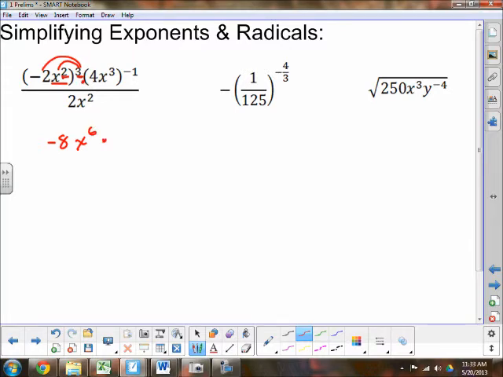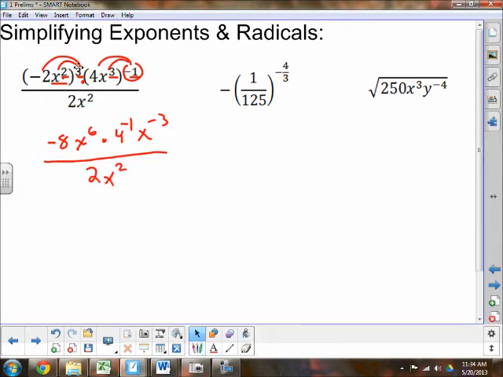So x to the 6th times, this negative 1 distributed would be 4 to the negative 1 power. X to the 3rd raised to the negative 1st, product again, negative 3, all divided by 2x squared. Now notice that since there are parentheses around these, this exponent applies to everything within those parentheses, whereas there's no parentheses here, so the exponent is only applying to the x.